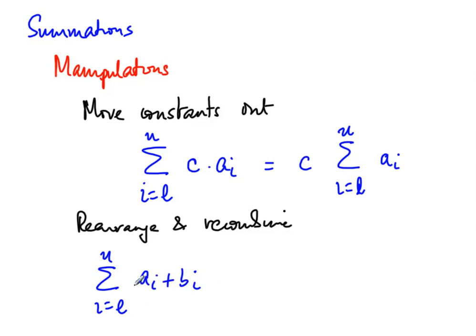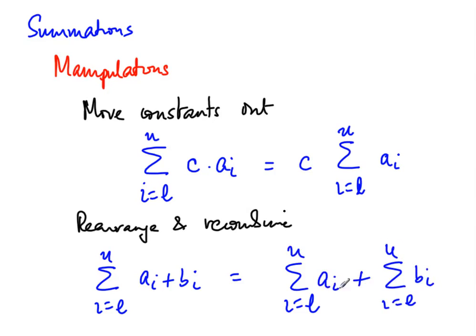So we can keep all the A's together, all the B's together, and this would be equivalent to i equal to l to u of A[i], and then separately i equal to l to u of B[i]. Right? So you can add up the A[i] separately and the B[i] separately just by rearranging and reorganizing these sums, and you will get possibly two simpler sums. And needless to say, this would work also for minus. So supposing this had been A[i] minus B[i], then you would have summation of A[i] minus the summation of B[i].